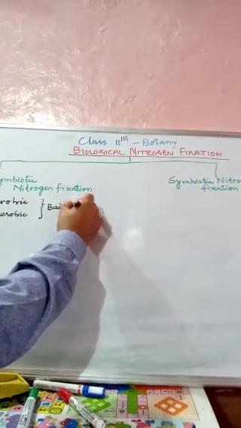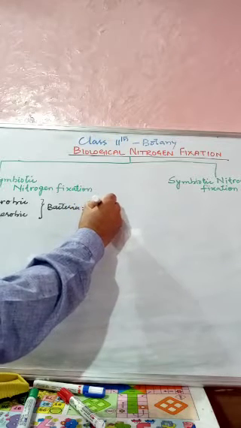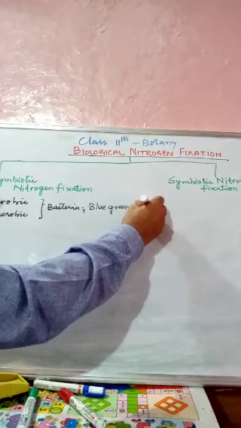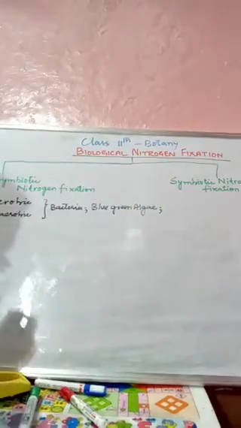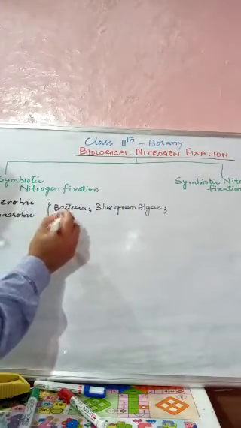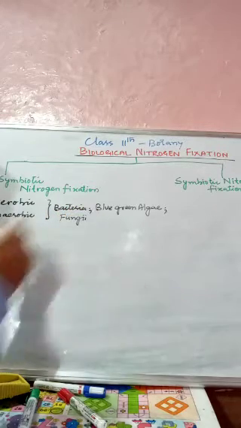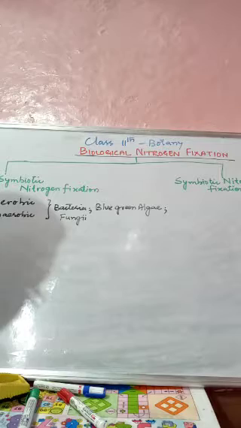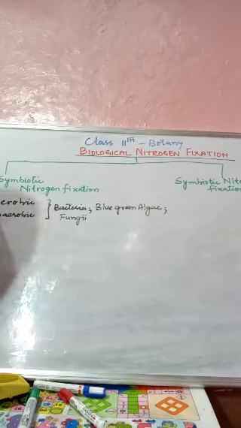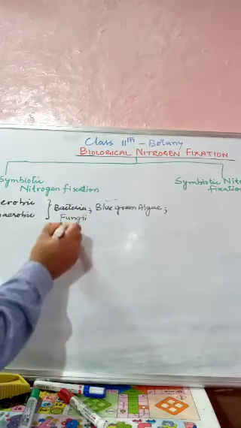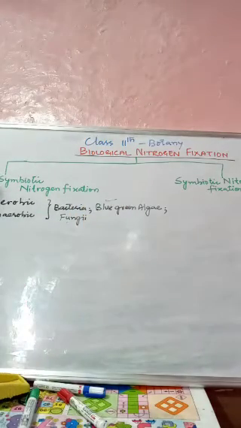Then we have blue-green algae, which are called cyanobacteria. Then it is shown by fungi, etc. So by aerobic and anaerobic bacteria, and also by blue-green algae and fungi.